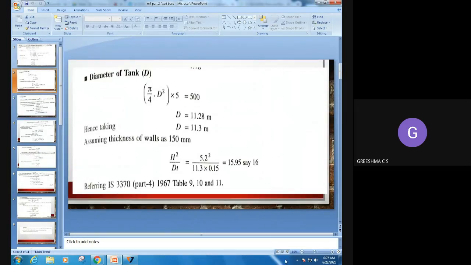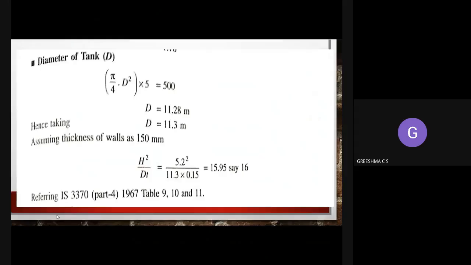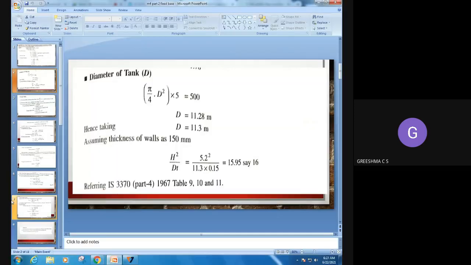Okay, so when we assume a circular water tank which has a fixed base and is resting on the ground, we are assuming that it is subjected to triangular loading. The walls will have triangular loading. So the same condition you have to take from the IS code also.